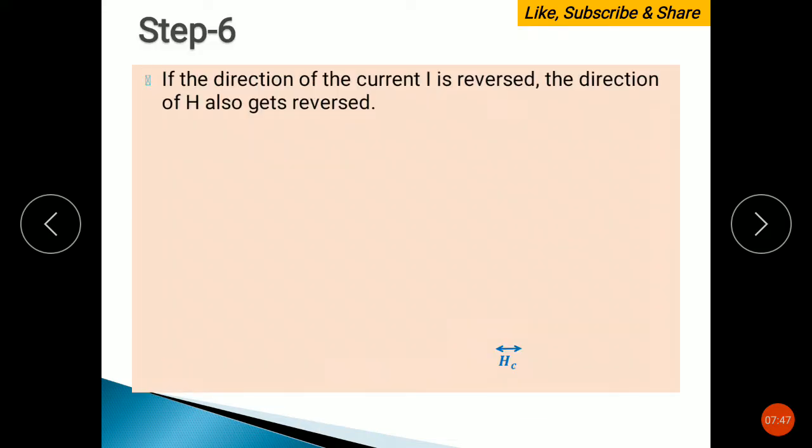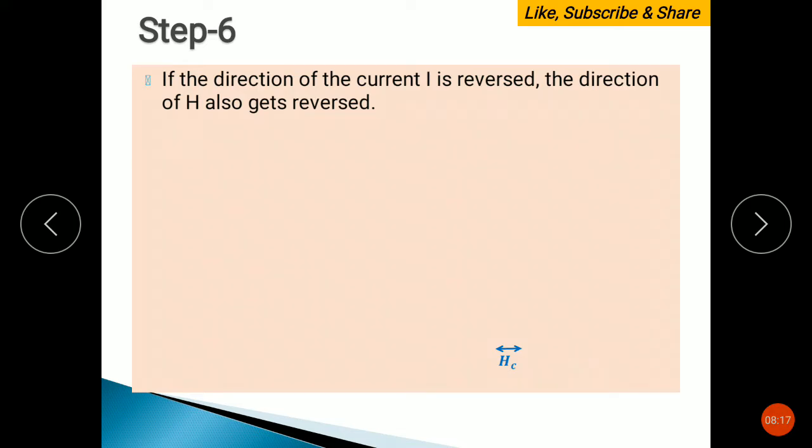Okay, up to now we have decreased the current to 0. Now decrease the current in the reverse direction. When we take the current in the reverse direction, that is minus I, the magnetic field also gets reduced. Why are we taking the current in the reverse direction? Because whatever magnetic field remains present in the material, that residual magnetic field, I want to make it 0.